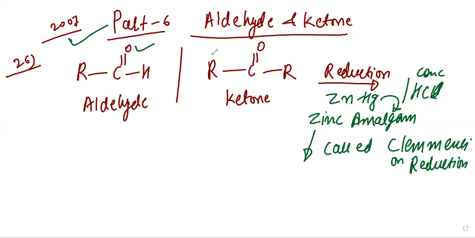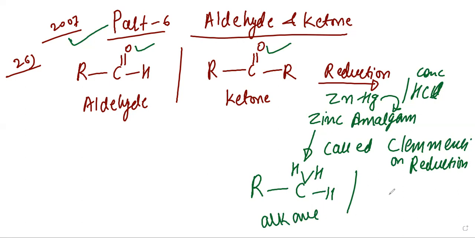The C double bond O part is converted into alkane, right? So this will be attached with hydrogen, right? So aldehyde will convert into alkane, and in a similar manner ketone also. So it will become RCH2R. So this is also an alkane.